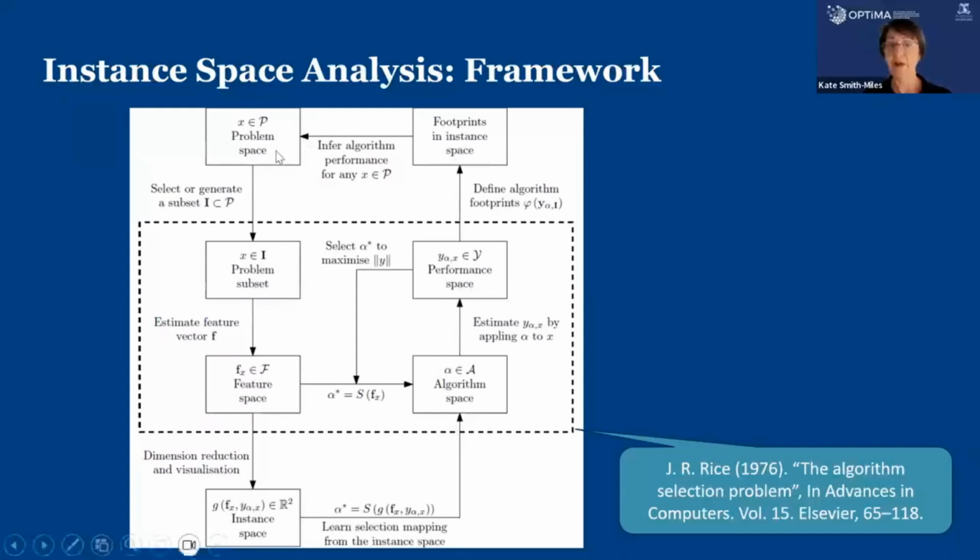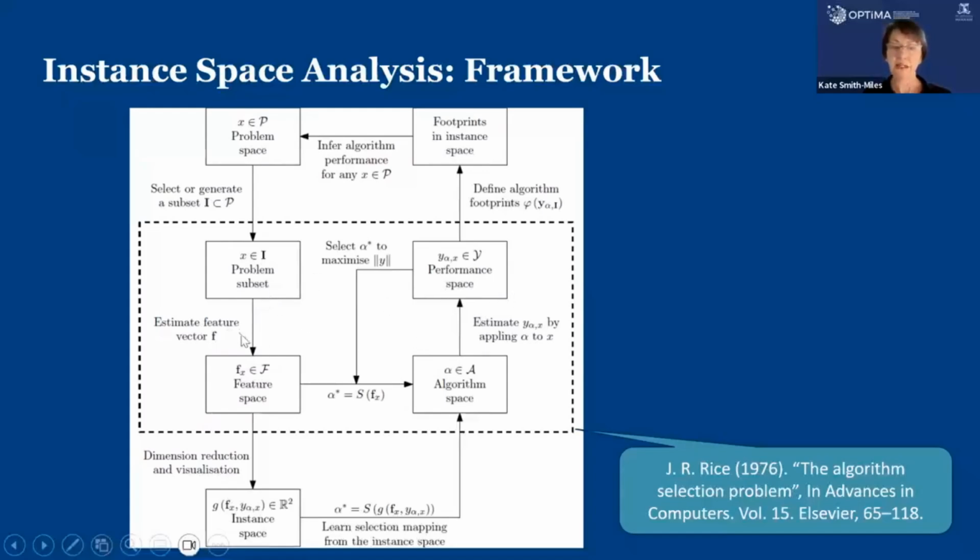I want to understand how an algorithm may perform in parts of the space that we haven't tested, or to figure out where we actually need to generate new instances. So for me, it's all about this broader problem space, the instance space, and the ability to understand how algorithms perform right across that space based on the statistical evidence that we have from the experimental results that we've got.